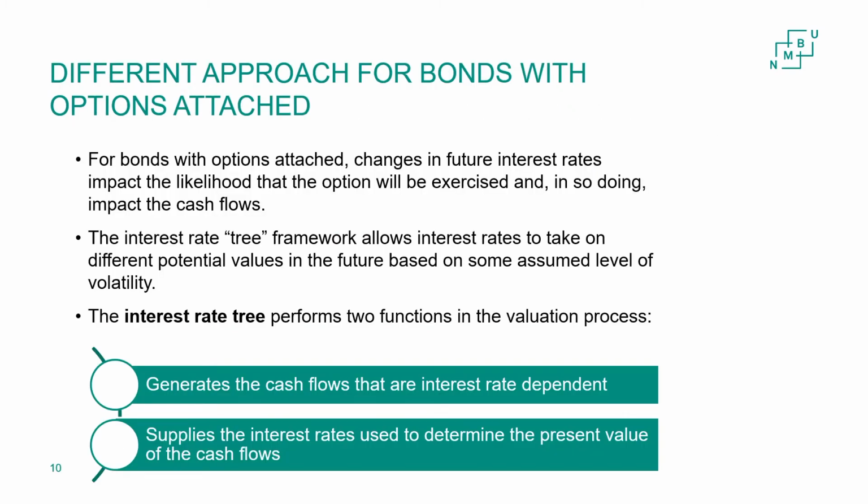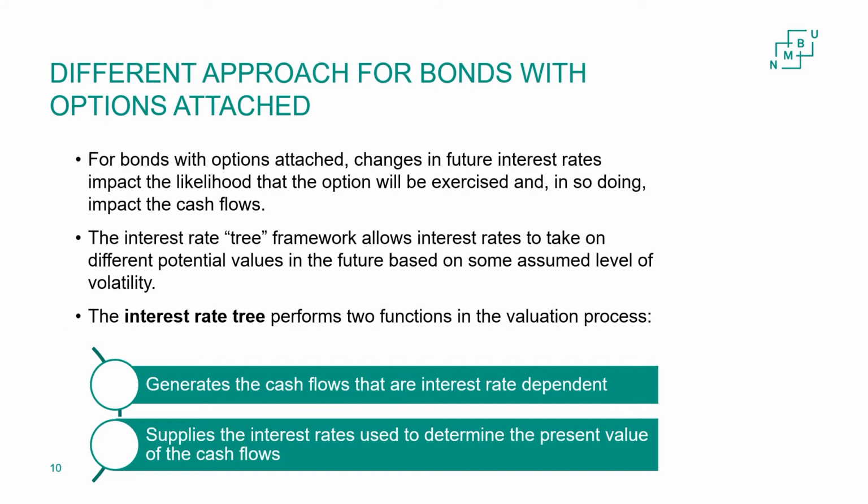Sometimes your bond has an option attached to it. This can be a put option, which means that the owner of the bond can sell the bond back to the issuer for a specific price. Or it can be a call option, which means that the issuer of the bond has the option to buy the bond back at a certain time for a certain price.